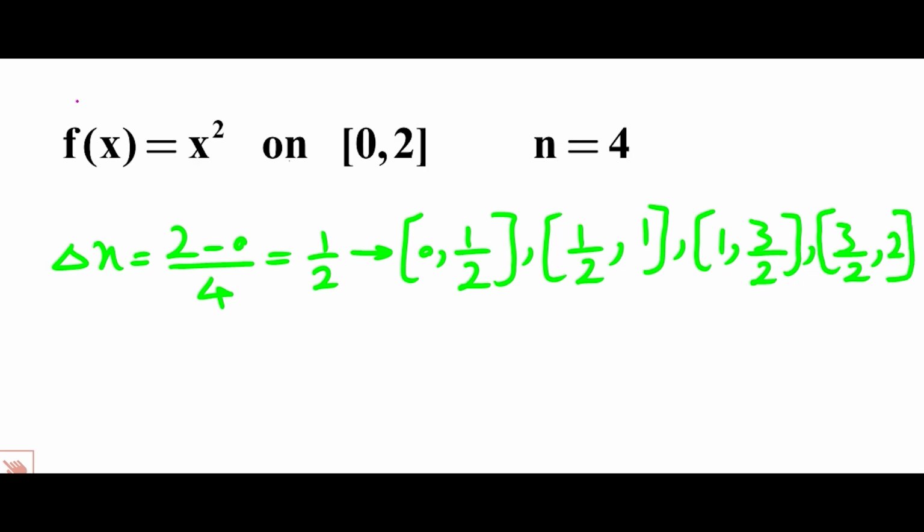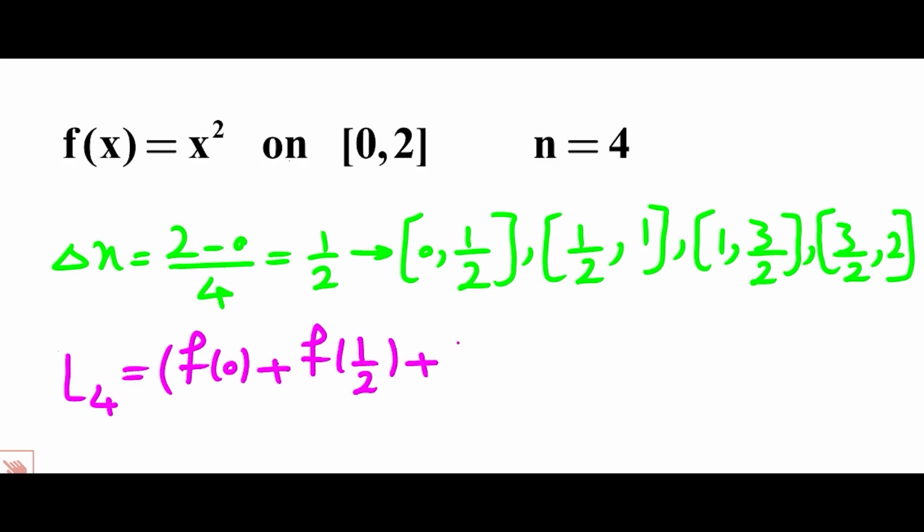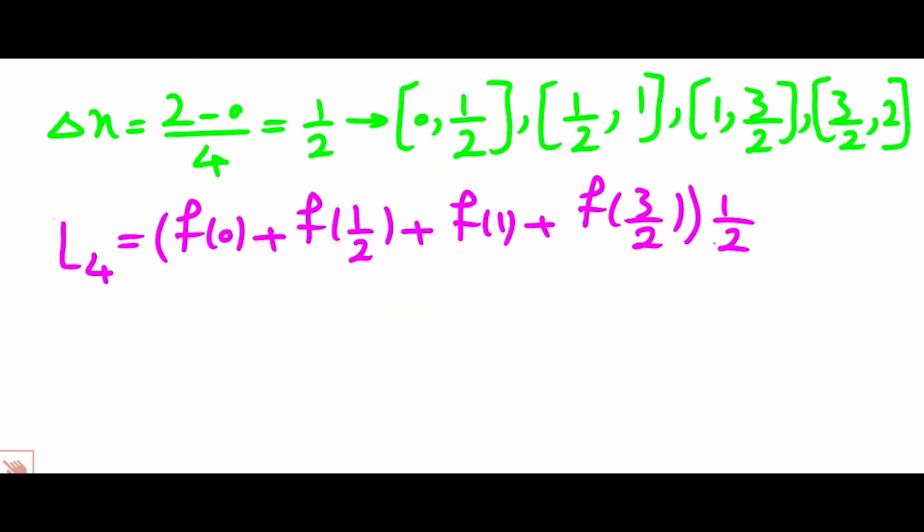So since the function is increasing on 0 to 2, use the left endpoints, means 0, 1 half, 1, and 3 over 2. So L4 equals f of 0 plus f of 1 half plus f of 1 plus f of 3 over 2 times delta x, which is 1 half, right?